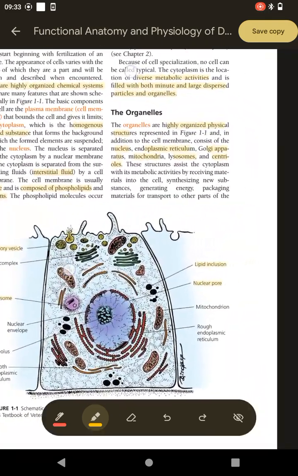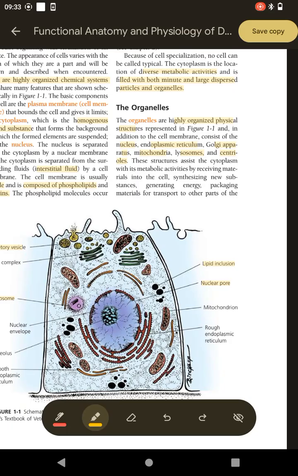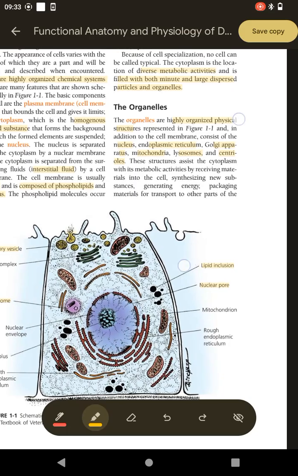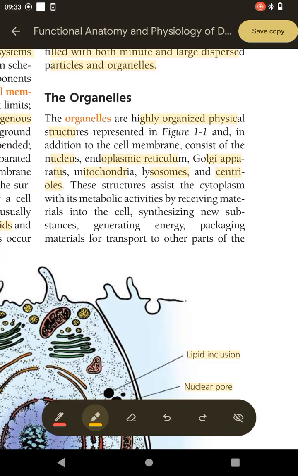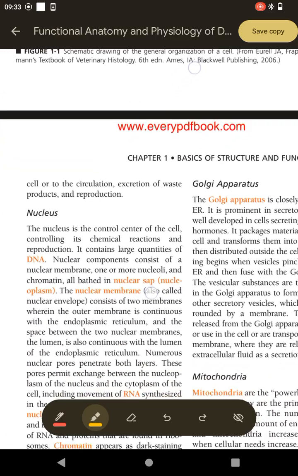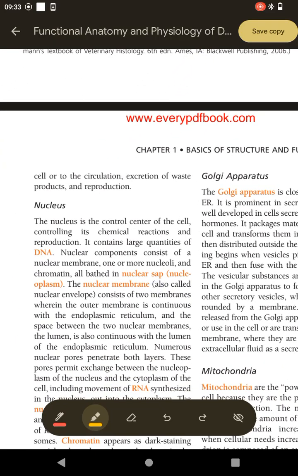So you can see the diverse functions these organelles perform: diverse metabolic activities occurring in the cytoplasm, receiving materials into the cell, synthesis of new substances, generating energy, packaging material for transport to other parts of the cell or to the circulation, excretion of waste, and reproduction.